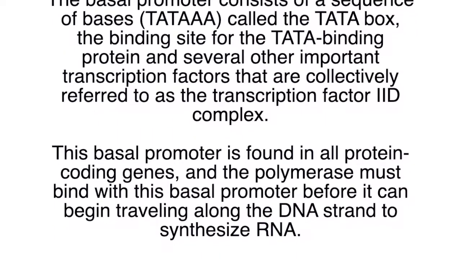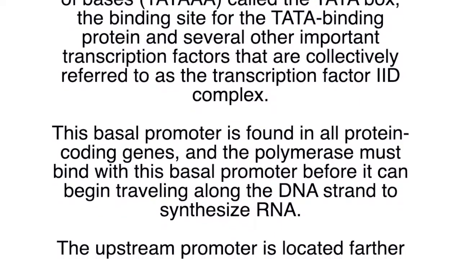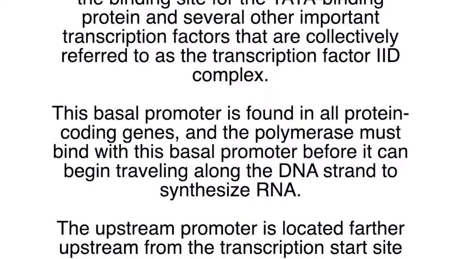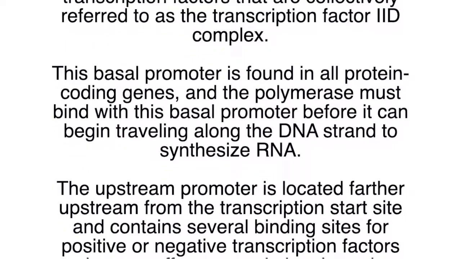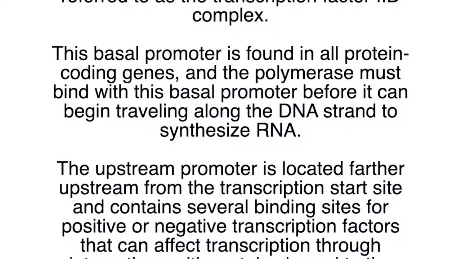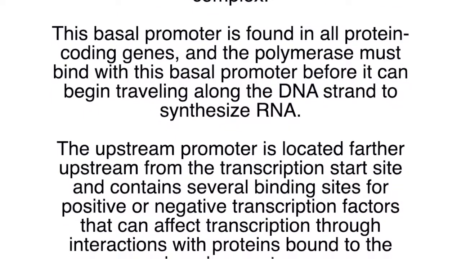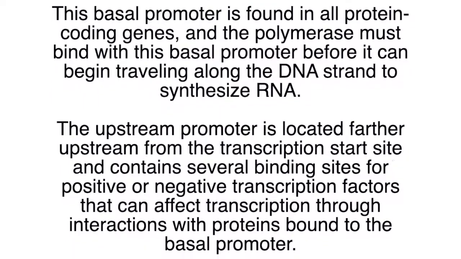This basal promoter is found in all protein coding genes, and the polymerase must bind with this basal promoter before it can begin traveling along the DNA strand to synthesize RNA.